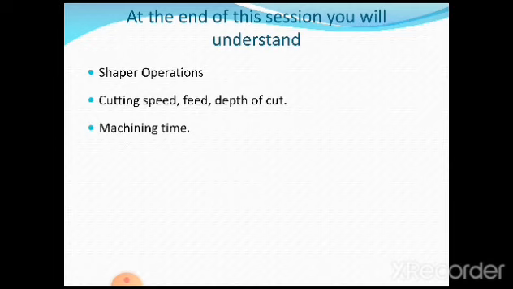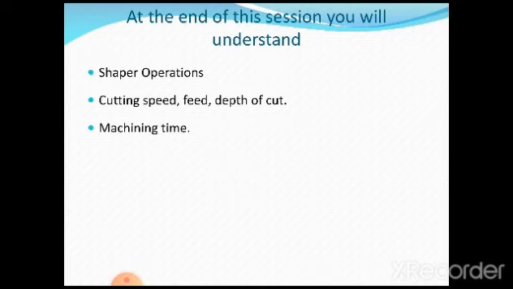So before I proceed with the shaper operations, we need to review what we discussed in the previous session. In the previous session, we discussed at length the types of mechanisms which are used, like the crank and slotted link mechanism, its construction and working, as well as the Whitworth quick return motion mechanism and the hydraulic shaper mechanism.